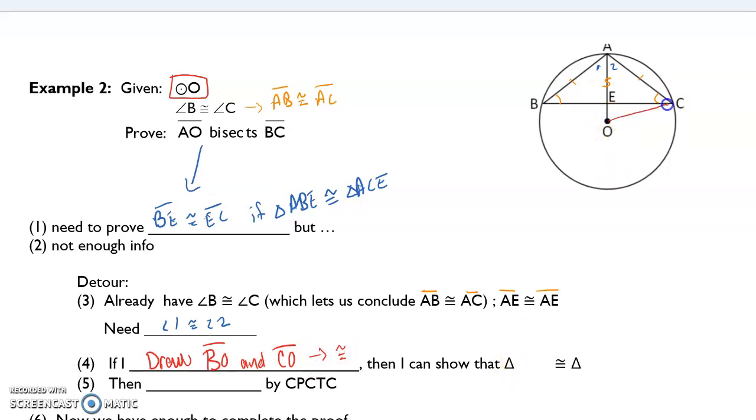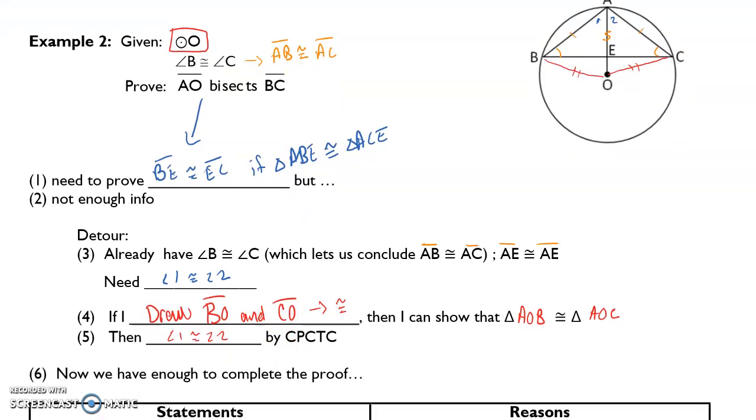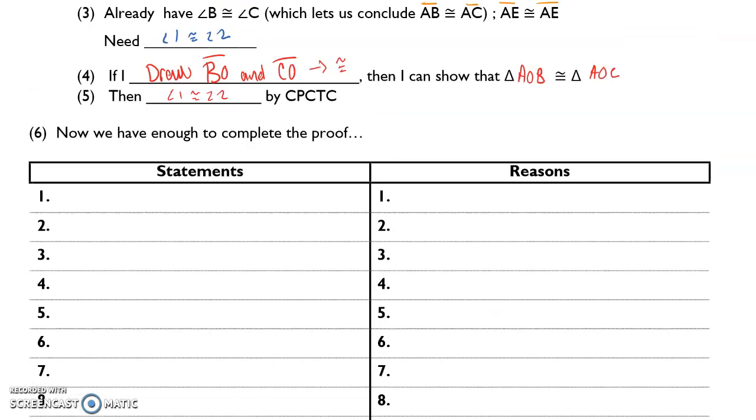So if I draw those two segments, which I know are congruent, I am going to be able to show that triangle AOB is congruent to triangle AOC. Then angle 1 will be congruent to angle 2 because those are corresponding parts of congruent triangles. And then I have enough information to complete the proof. So that's the thought process behind all of that.